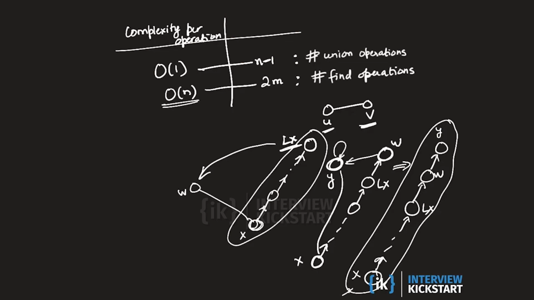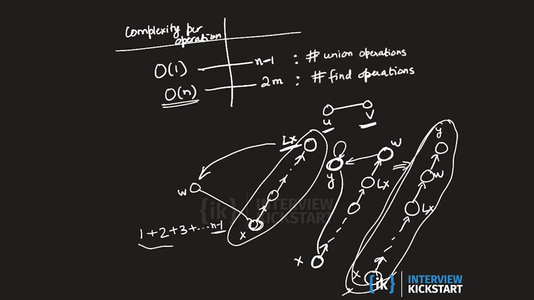Now strictly speaking, it's not going to take order n time from the beginning, because in the beginning every vertex is isolated. But as this chain grows longer and longer, you can see that every time we do find on x, initially it might have taken constant time, then it might have taken 2 steps, then 3 steps, and by the time this chain grows to size n-1, this might take n-1 steps.